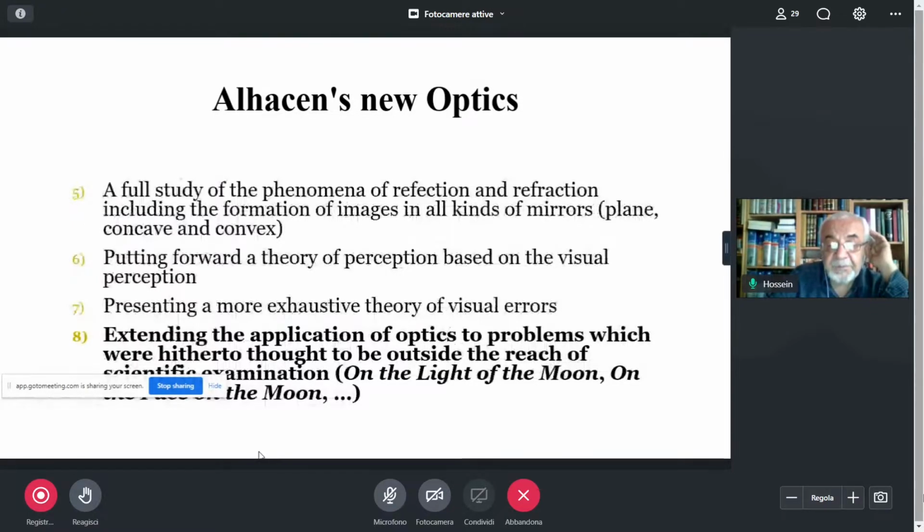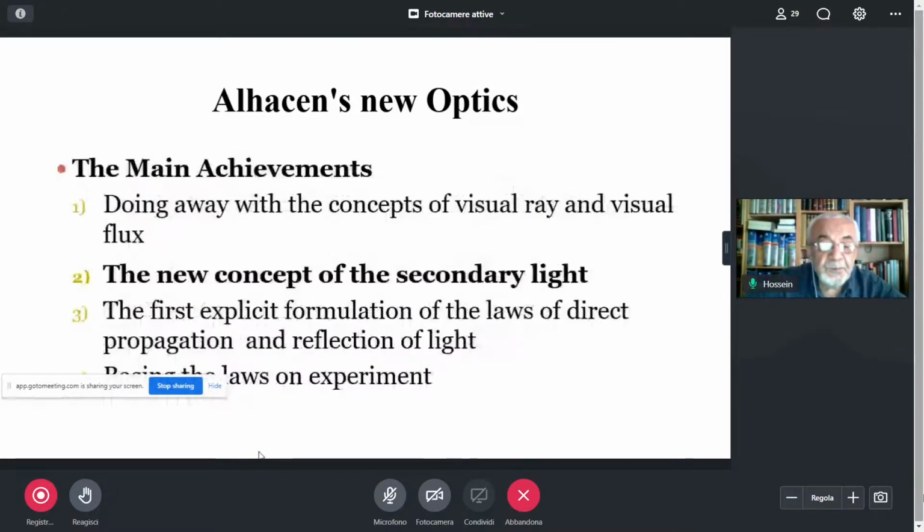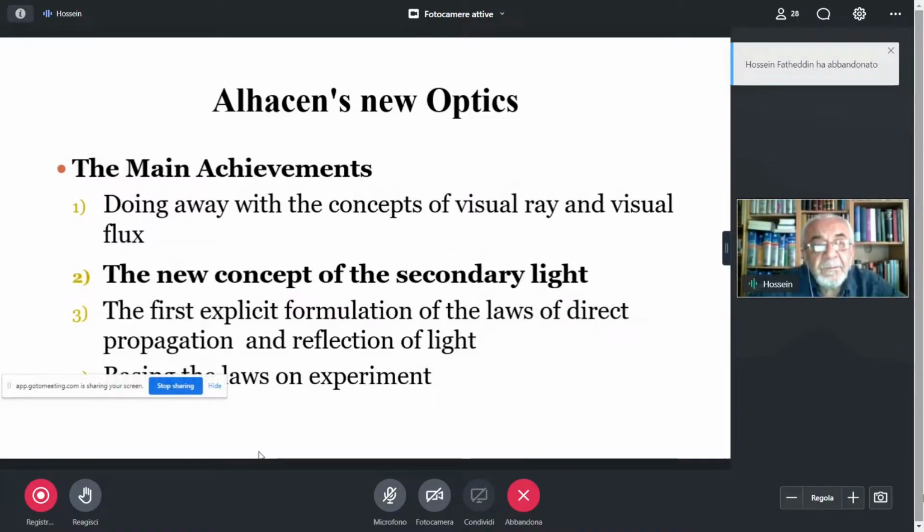One of the new things of Ibn al-Haytham's optics is that to the main categories of the propagation of light, that is its reflection and its refraction, he added a new concept, which is the concept of the secondary light.